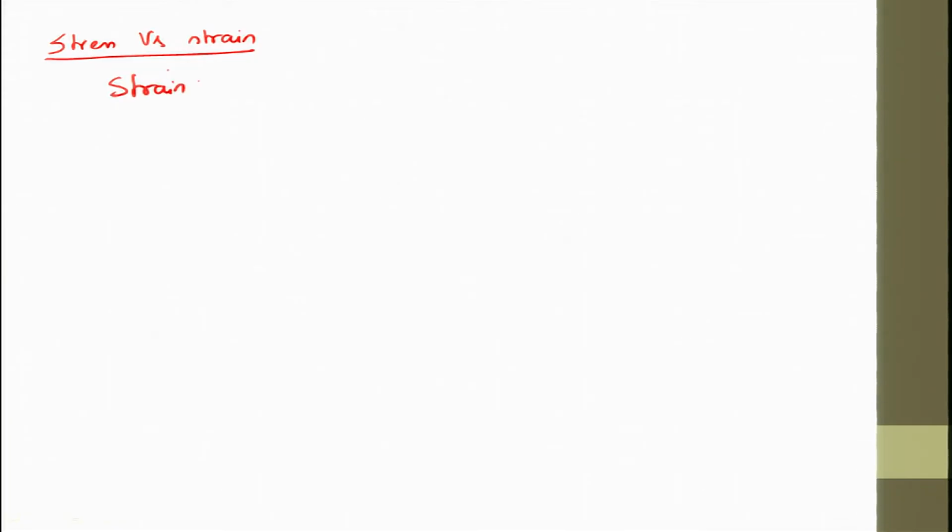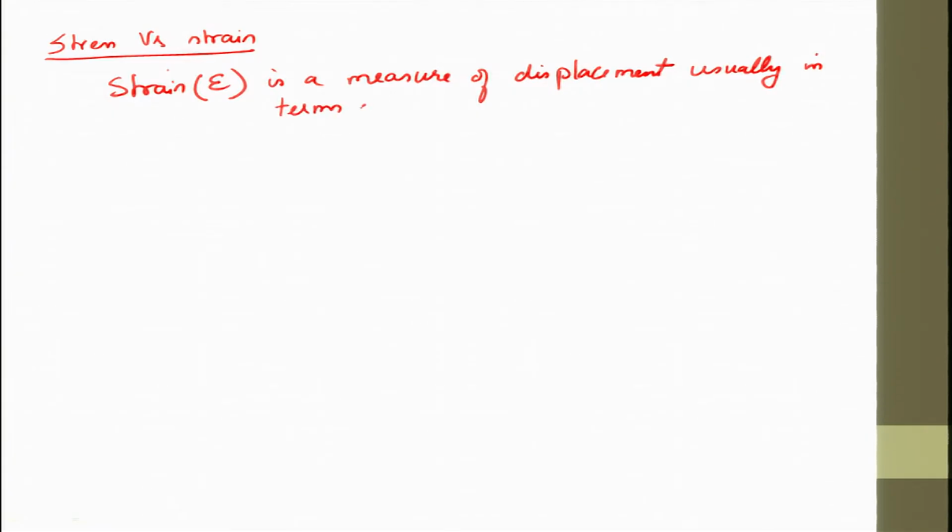Strain, psi, is a measure of displacement, usually in terms of micro strain, that means to say very small micro strain in length or diameter.